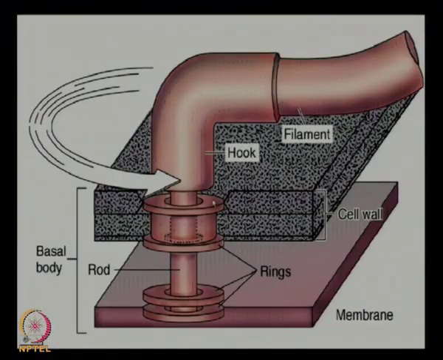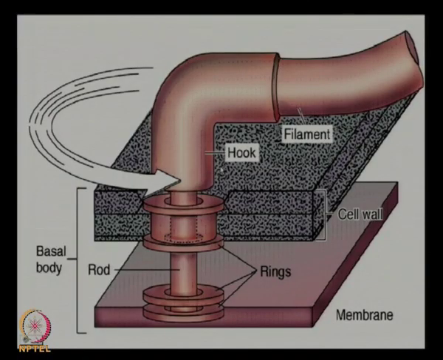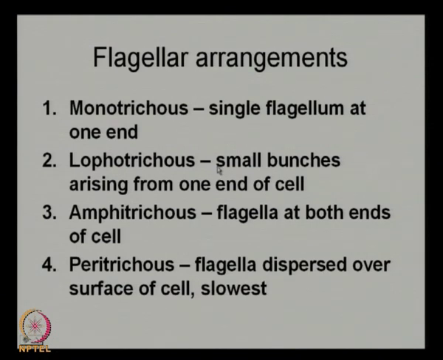When it moves 360 degrees, it needs energy, and that energy is in the form of ATP, and with that energy it can rotate. This flagella can rotate, and this is the actual structure of this flagella.